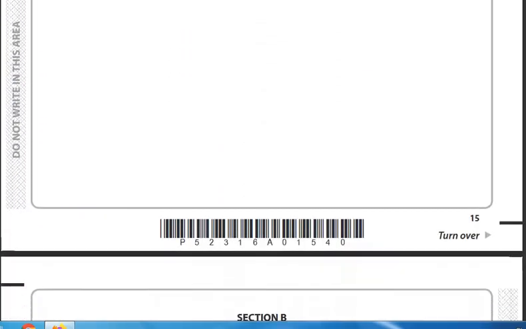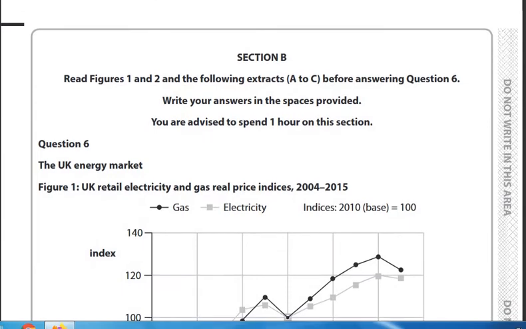So we now move into Section B. For me this is the hardest bit of the paper because there's a load of numerical and qualitative data to wade through. The extracts can be very, very long. They're packed full of material that they expect you to assimilate and use, and you've got to do all of this at the speed of light.